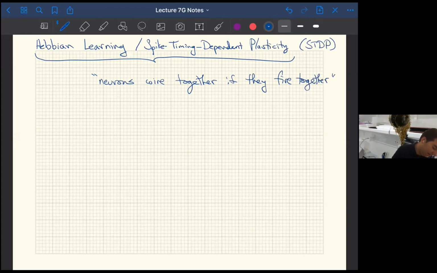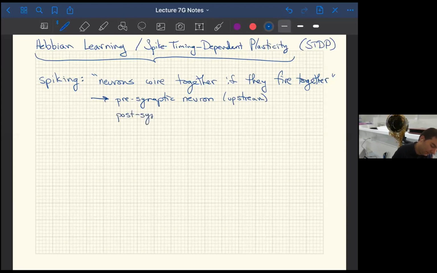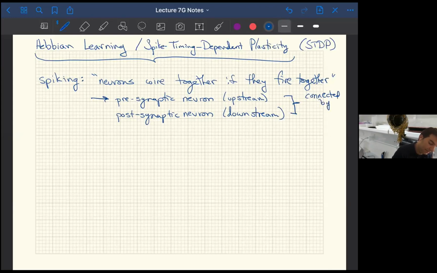This is the spiking version, which basically means that we have these terms: a presynaptic neuron, which is just the upstream neuron, and a postsynaptic neuron, which is downstream, and they are connected by a synapse.